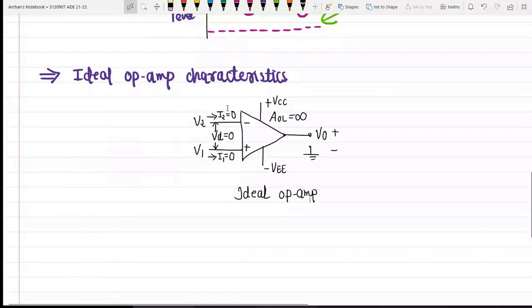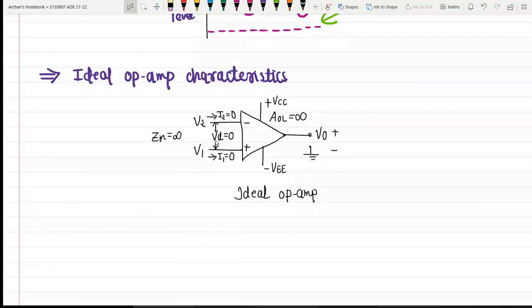This is the reason its input impedance is infinite, so Zin is equal to infinite, and I1 and I2 are equal to 0. Any source can drive it and there is no loading on the driver stage.